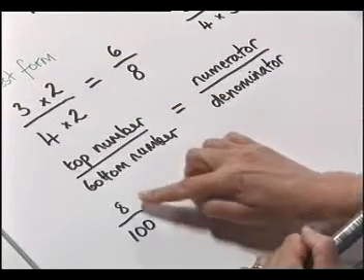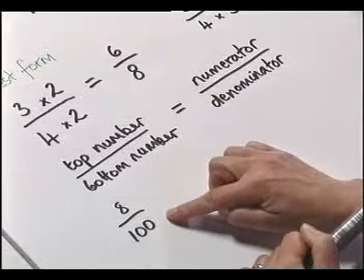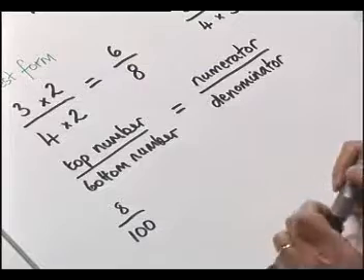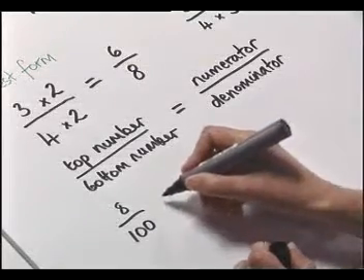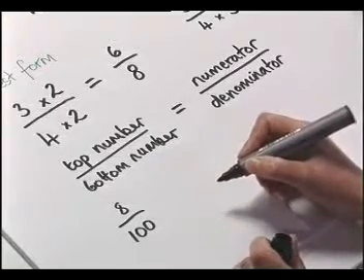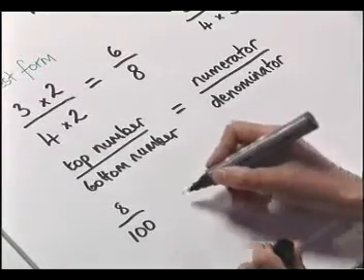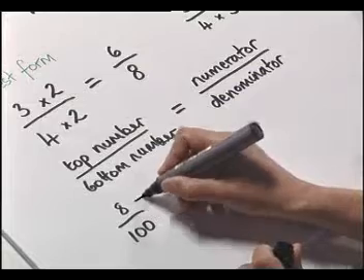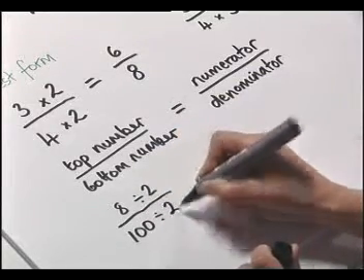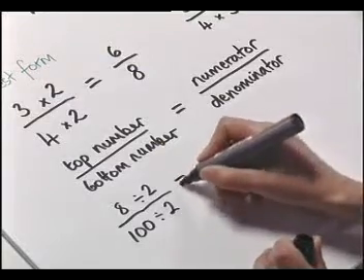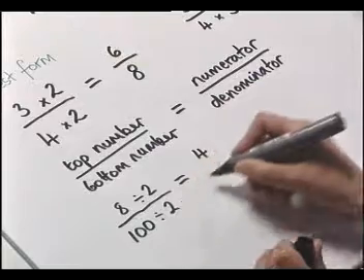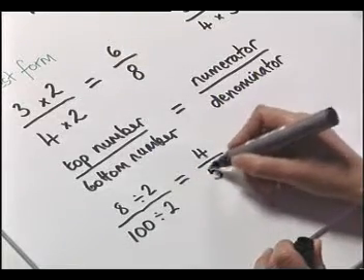Well, if we look at the numbers we have here, 8 and 100, the first thing you should notice is actually that they're both even numbers. And if they're both even numbers, then obviously we can divide them both by 2. So let's start by dividing the numerator by 2 and the denominator by 2. 8 divided by 2 is 4. 100 divided by 2 is 50.